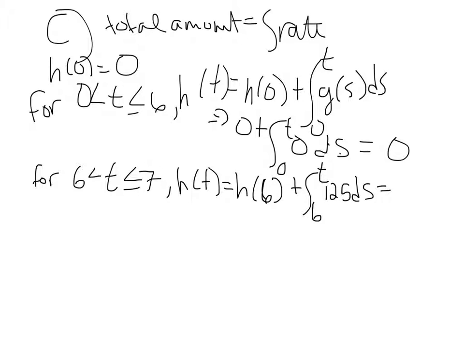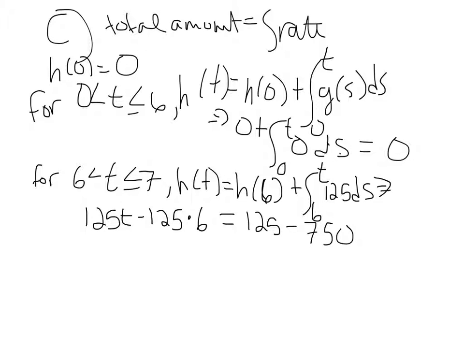So h(6) we know is 0. And so when I evaluate the integral, it's 125t minus 125 times 6. So you can absolutely leave it like this. You don't have to factor out the 125 if you don't want to.